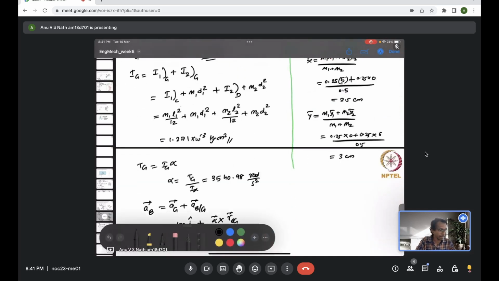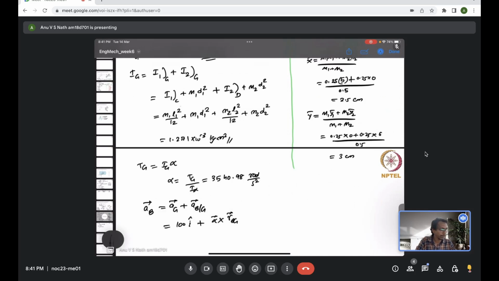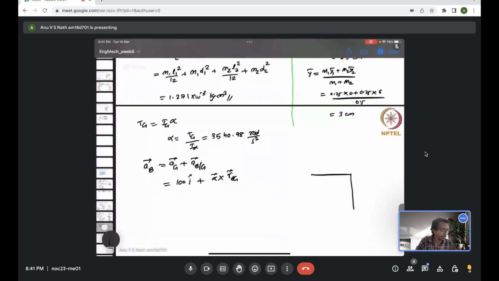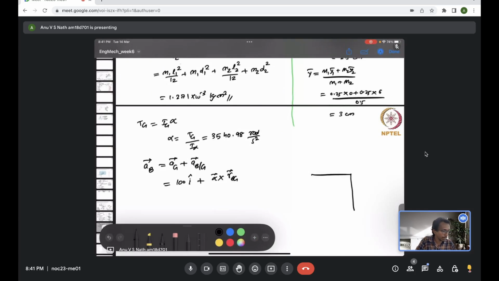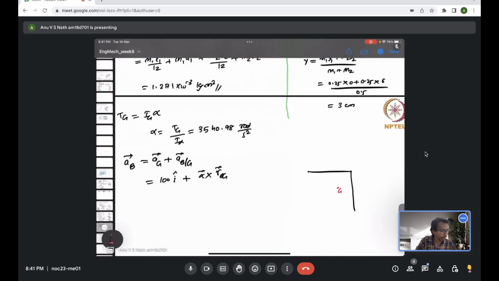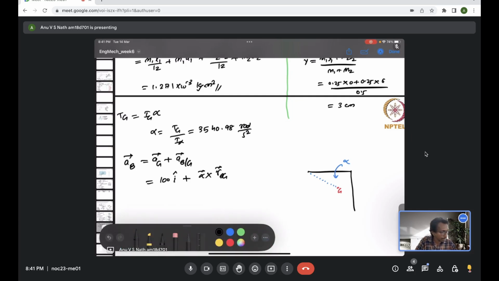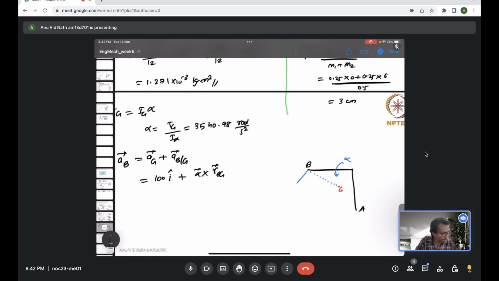Pictorially I can represent that. That will probably be easier to understand. So you have two of the bodies, and you have the center of mass located here, and this is the r vector. Because of an anti-clockwise rotation, this is point B and this is point A, the acceleration of B with respect to G is along this direction.